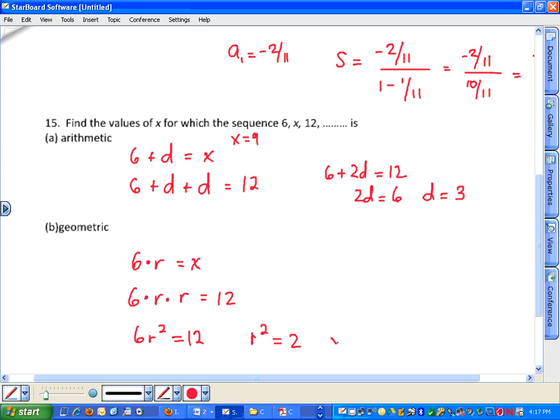If we square root both sides, we get that r is equal to the square root of 2. So that's our common ratio. So if we take 6 and multiply by the common ratio, 6 times the square root of 2 would be the next term of the sequence that would turn this into a geometric sequence.